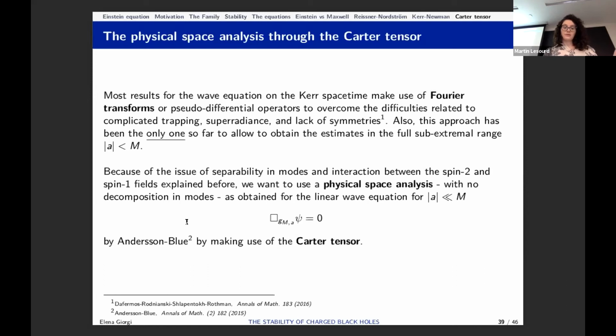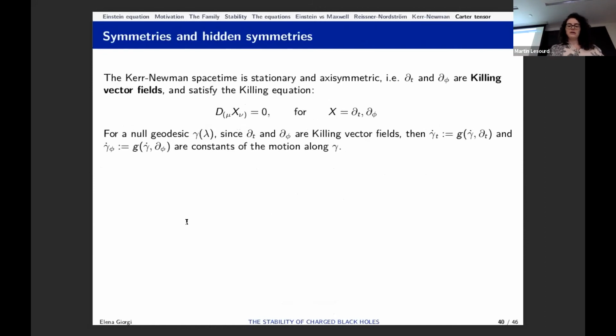And this kind of method really makes use of the Carter tensor. Of course, also the Fourier transform uses the Carter tensor in the fact that the equation is separable, but the physical space analysis uses it in a different way. Let me try to describe very quickly how it is done.